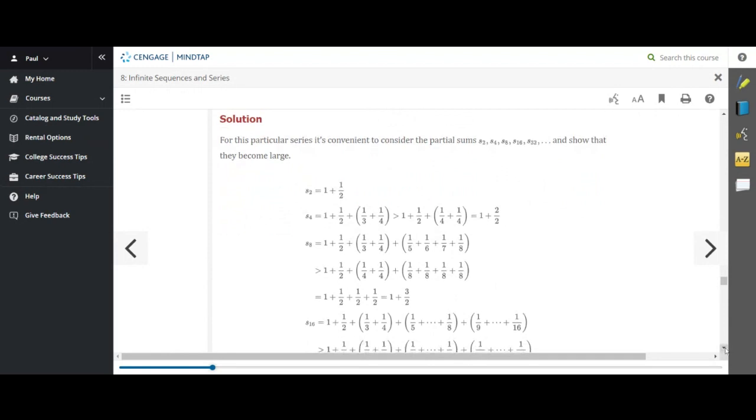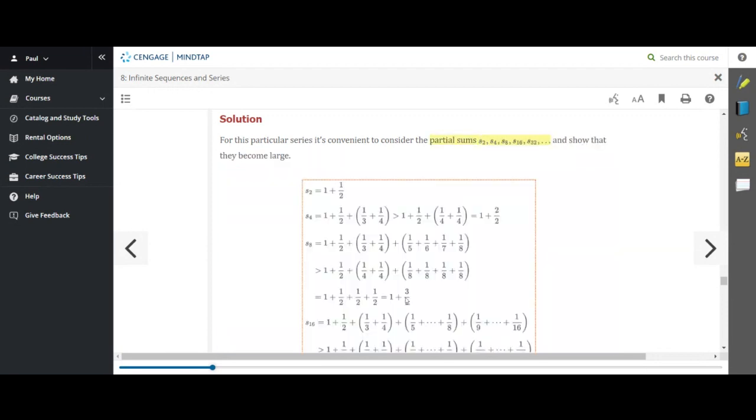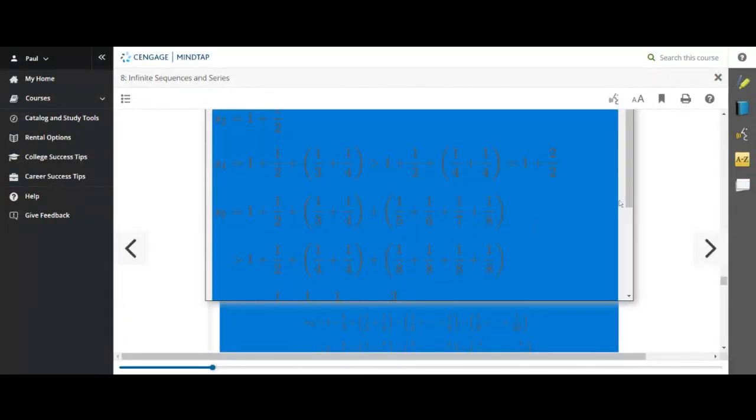So here's what we're going to do. For this particular series, we're going to consider the partial sums. So the partial sums are S sub 2. Hold on. I don't want this to show.